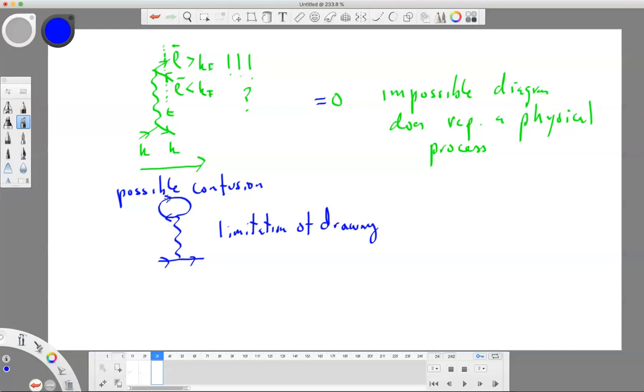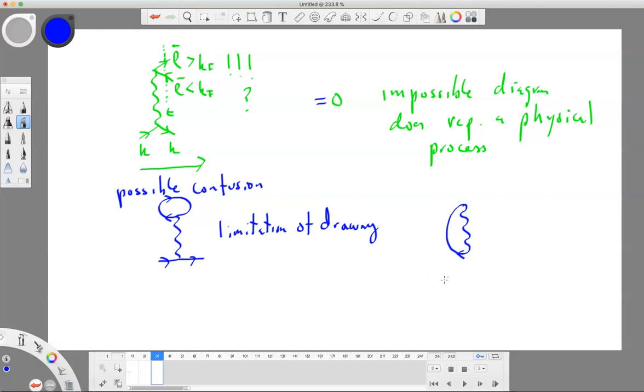So this is why I always draw the arrow very close to here, and the same with the oyster. When you have the oyster, just so you know the limitations of the drawing, I draw the oyster here, and I always draw the arrow here. So the position of the arrow tells me exactly what kind of particle is represented by that whole propagator, okay?